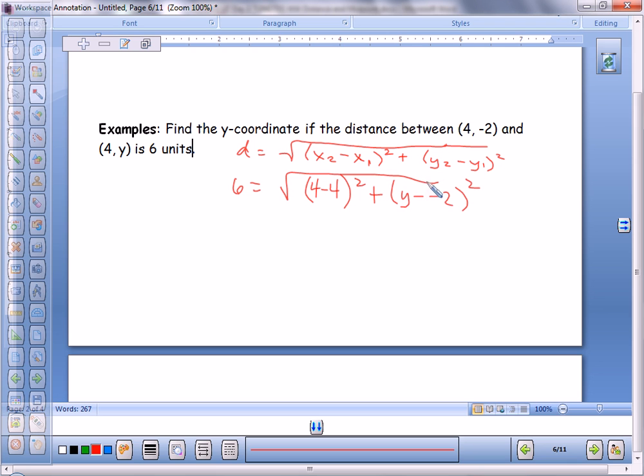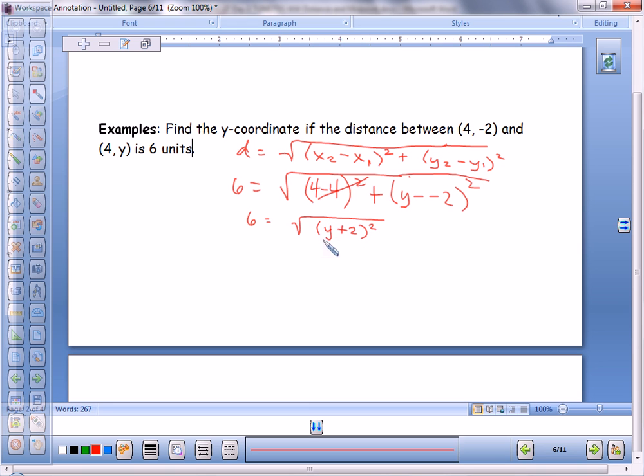Okay, now the nice part for us is this gives us 0. So we don't even really have to think about it. So what we have, 6 equals the square root of (y plus 2) squared. Now, we want to get in here so we can solve for y. And several of you may already know the answer just by looking at it.